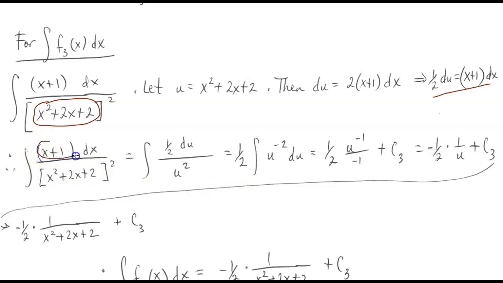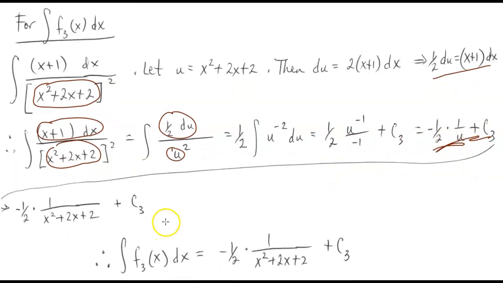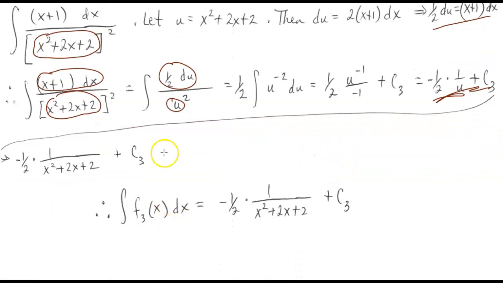So you see all of this gets replaced with 1/2 du, and again the x squared plus 2x plus 2 ends up just getting replaced with u. And so now we just have to take the antiderivative of 1/2 times u raised to the negative 2, which we see is just going to be negative 1/2 times 1 over u. And then, of course, we can just plug in what u was, which was our quadratic expression. And again, we got our integration constant.